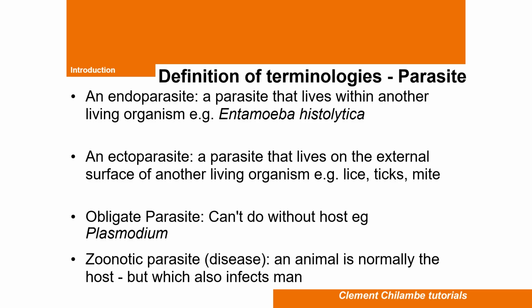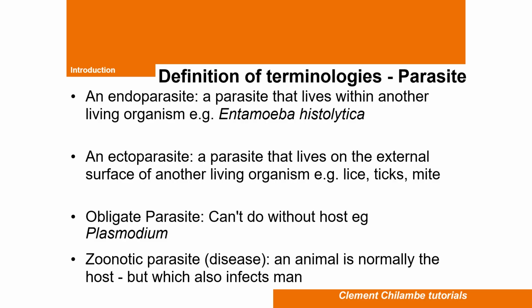Most of the protozoan and helminthic parasites causing human disease are actually endoparasites. This is what we need to know. An example of an endoparasite is Entamoeba histolytica.